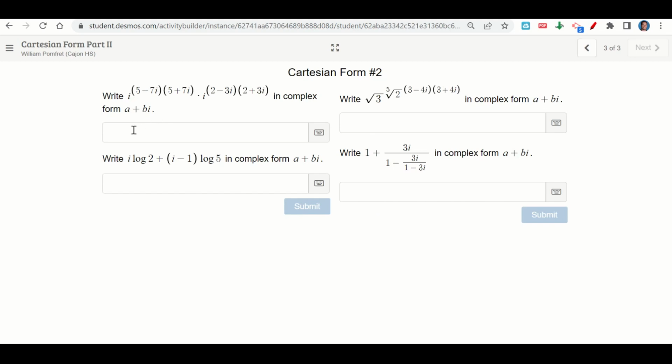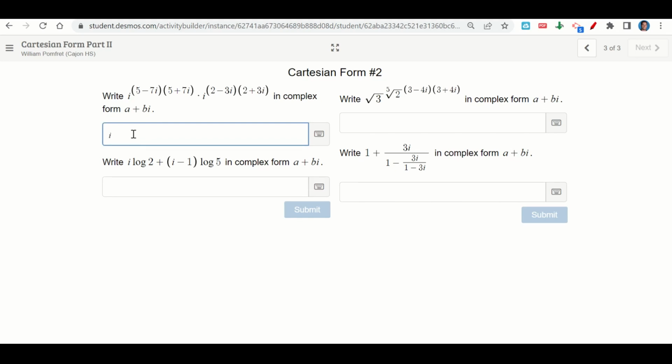So we have a difference of squares here. So this is really i to the 5 squared is 25. And we have minus 7i squared, which is plus 49. So when we add 25 plus 49, we get 74.